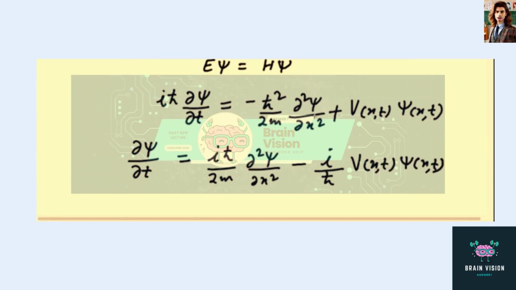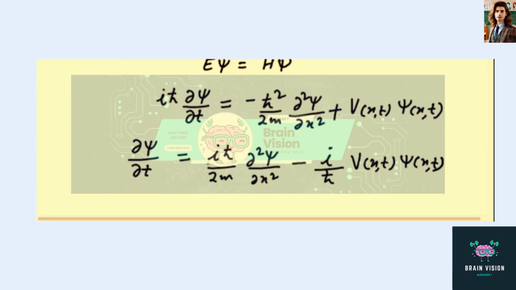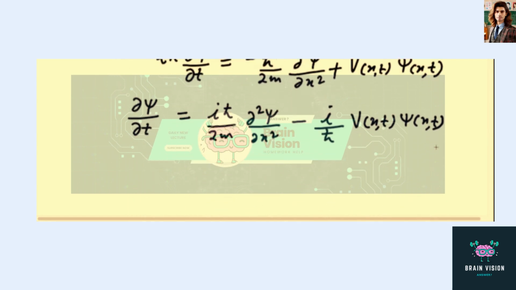Here this psi is a variable of x only, and this psi is a variable of x and t, and this is a function of t. Suppose this is equation number 2.